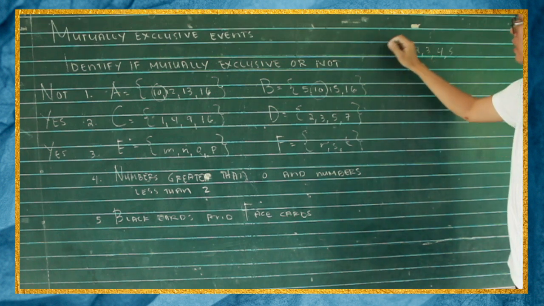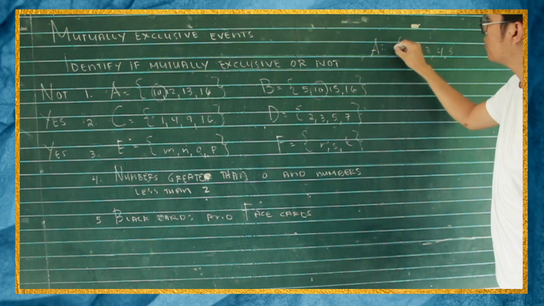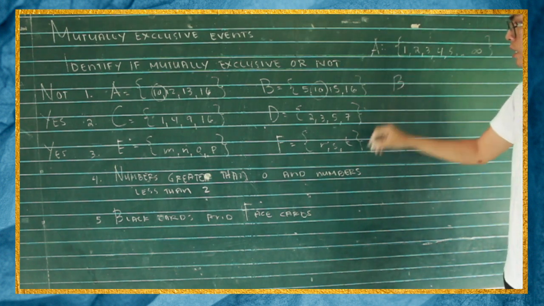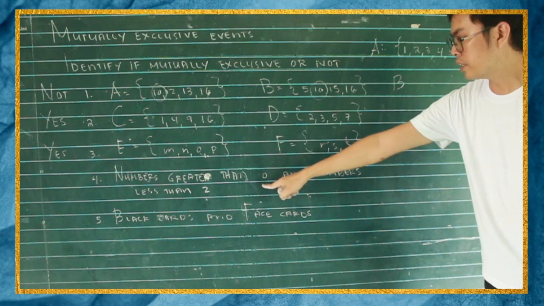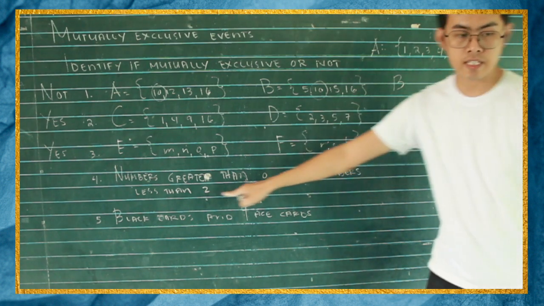So we can represent it as set A, whose elements are 1, 2, 3, 4, 5, and so on. How about set B?